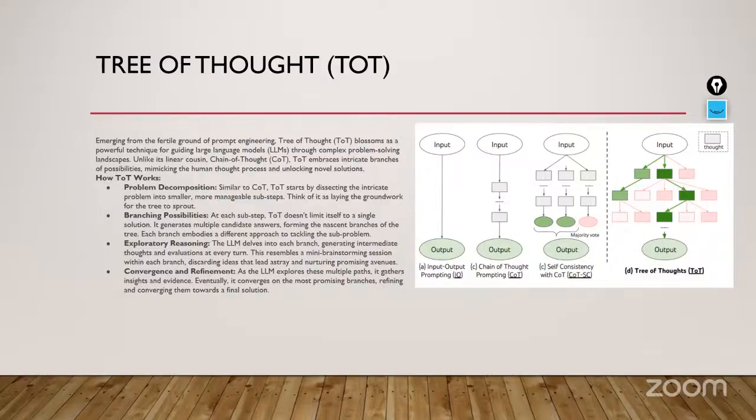We are taking only the parts which have more probability of happening. Convergence and refinement: as the LLM explores these multiple paths, it gathers insight and evidence. Eventually, it converges on the most promising branches, refining them towards a final solution.